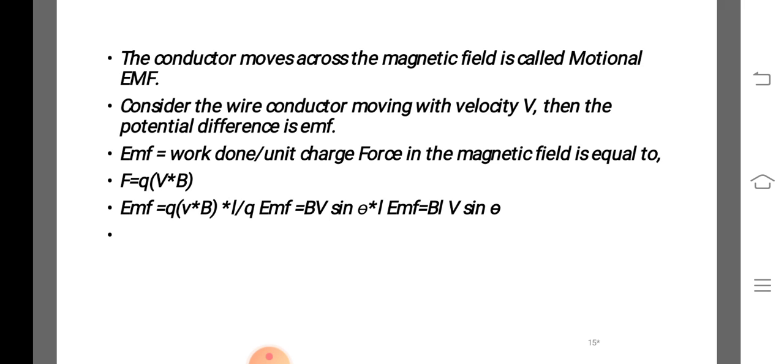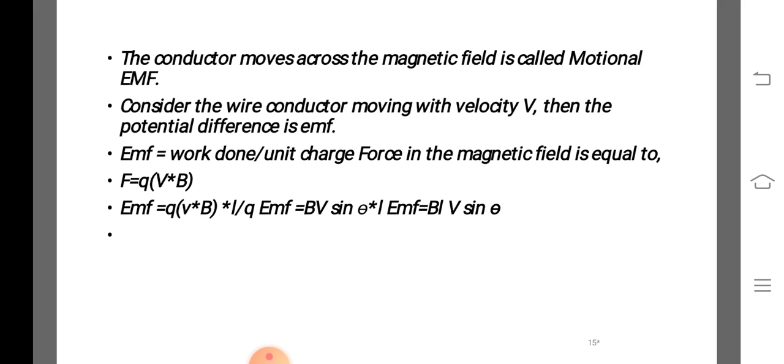Then this transformer concept is very essential to apply to transmission line and electrodynamic field, where N is the number of turns in the circuit. So flux through each turn.